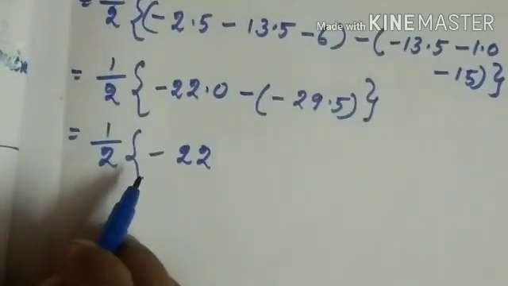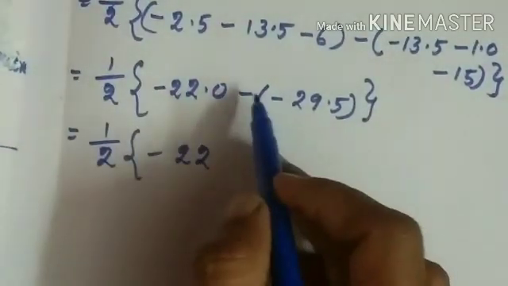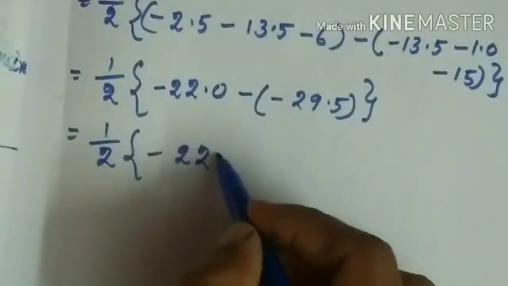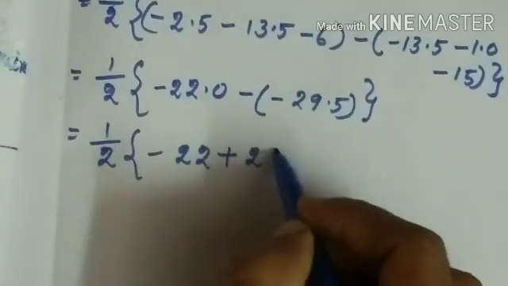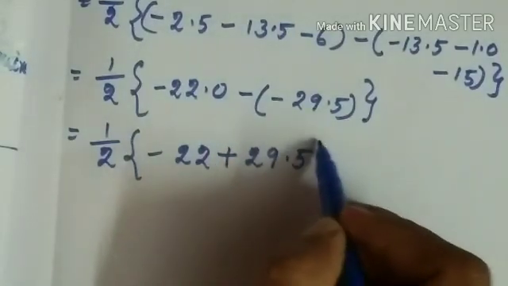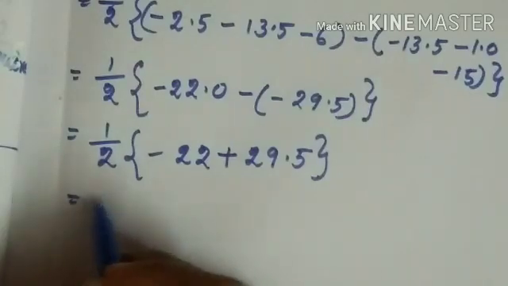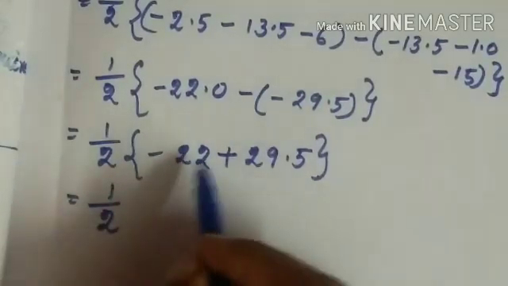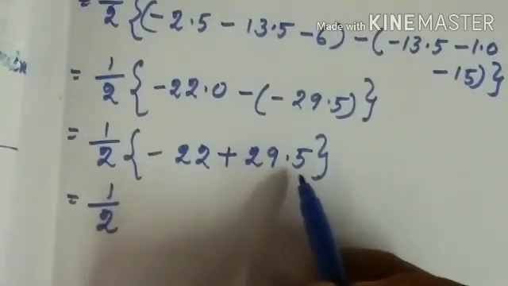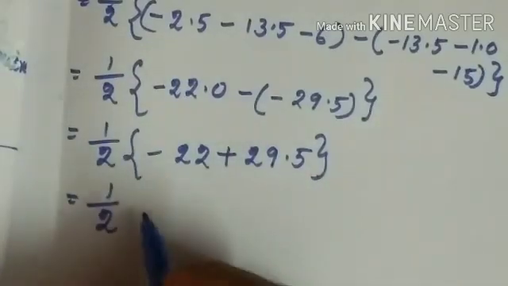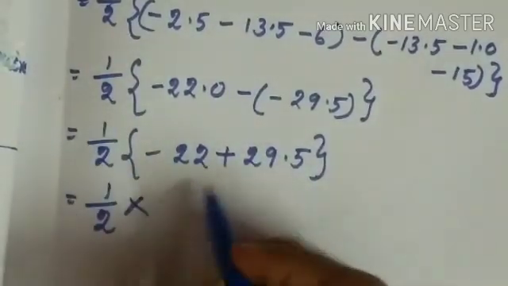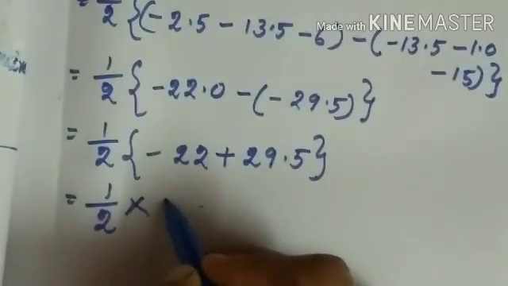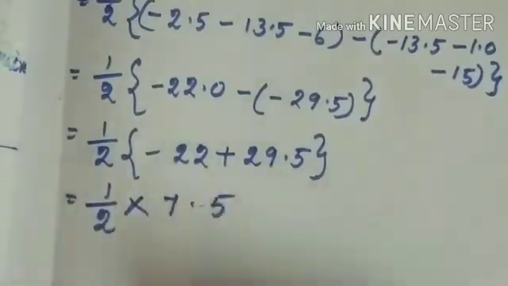Now half into minus 22 minus into minus plus 29.5. Again you simplify this, means we get minus 22 plus 29.5. Subtract means we have plus 7.5.